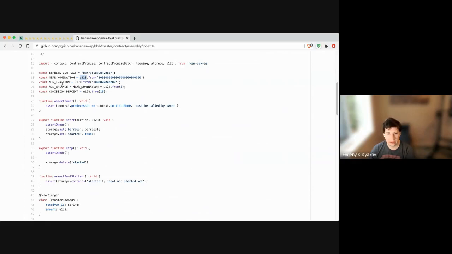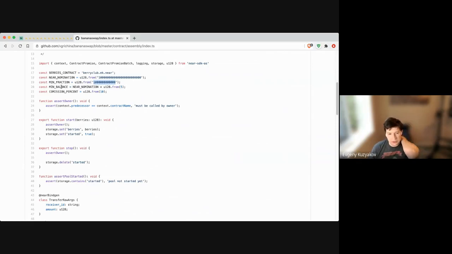It uses a trick where it divides the large number by a minimum fraction, which is 10 to the power of 12, and then it does the product, and at the end it multiplies it back.